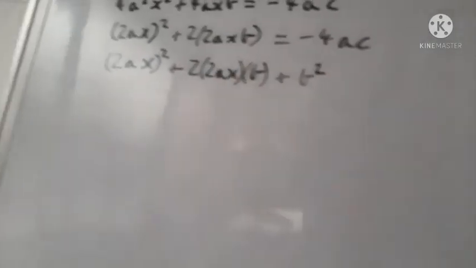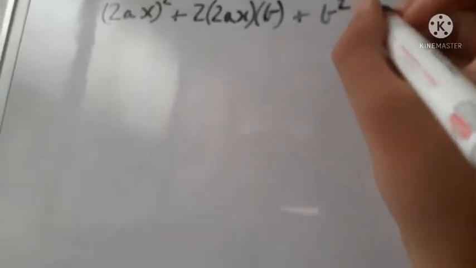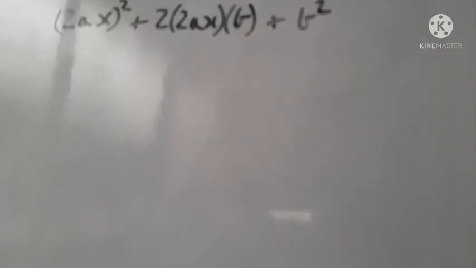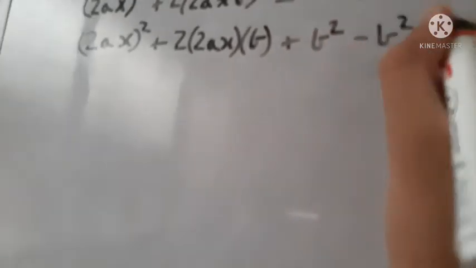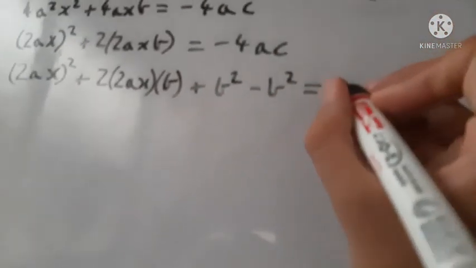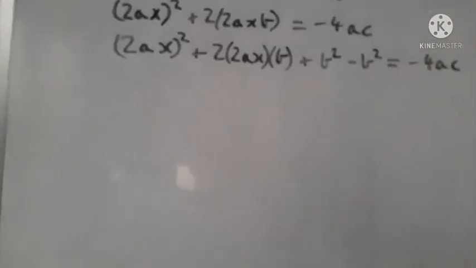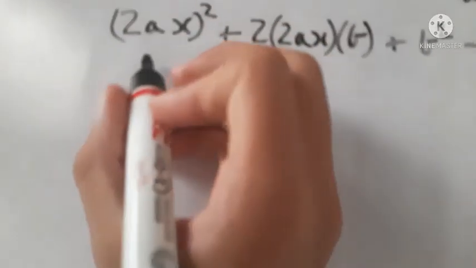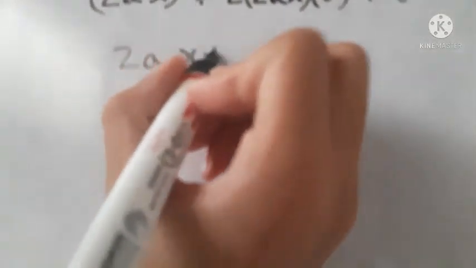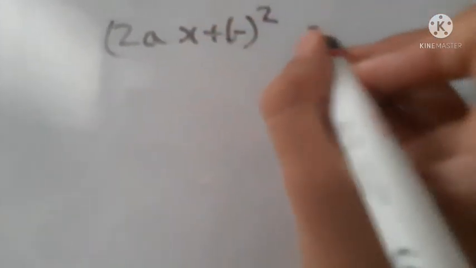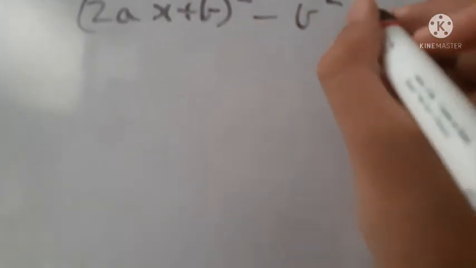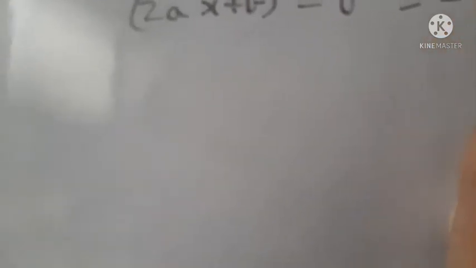But we have added a b squared, so we have to subtract b squared, minus b squared equals minus 4ac. Then we have 2ax squared, so we can write this as 2ax plus b whole squared minus b squared equals minus 4ac.